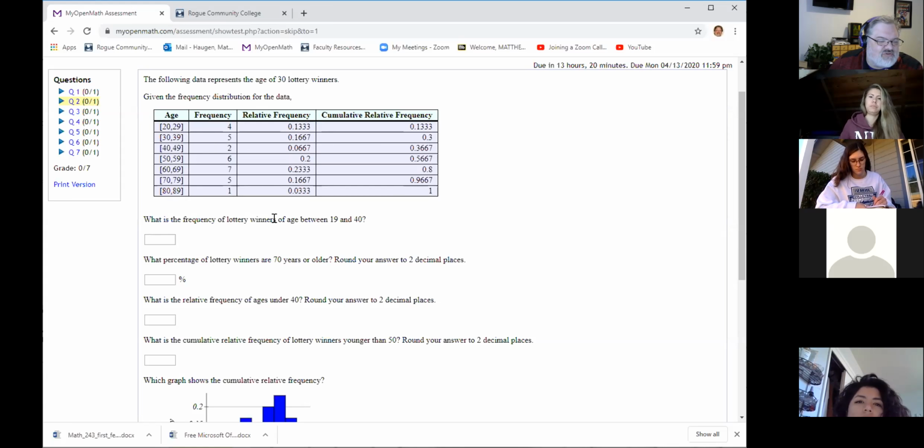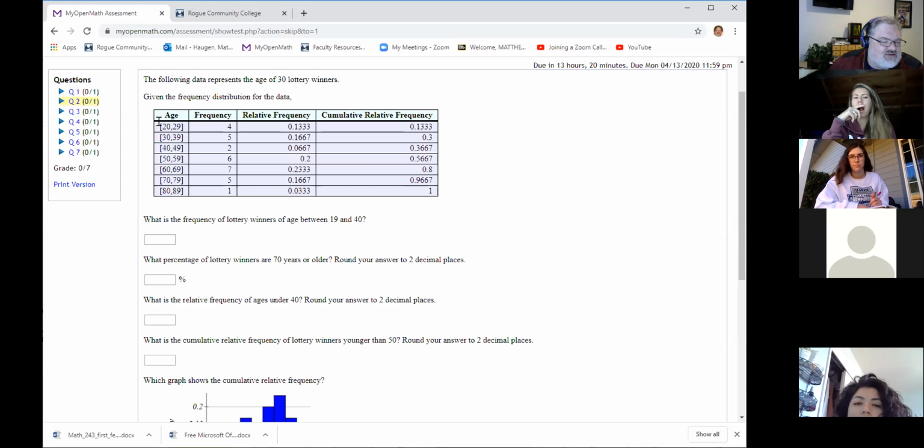So if we want the frequency of lottery winners between 19 and 40, I'm just going to go through all of these. I don't know which ones of them were causing you trouble, but I think talking through all of them might be handy. So the frequency of lottery winners between 19 and 40, well, 19 is kind of off of this list. That's okay. That just means this cumulative frequency is everything before that.